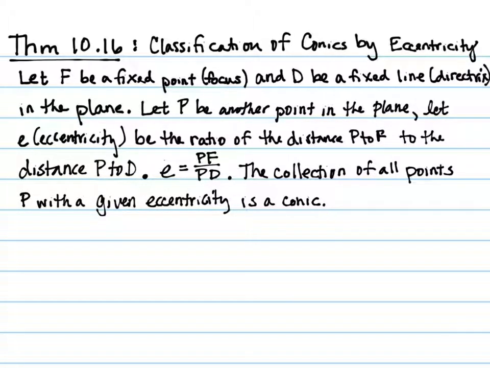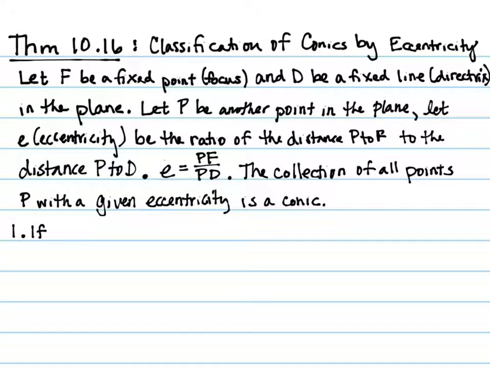So you take this ratio and you're going to get a number, right? These are numbers on top, numbers on bottom. It gives you a number. And whatever that number is, any other points that have the same ratio of distance to the directrix and distance to the focus all lie on the same conic. Remember, our conics are either parabolas, hyperbolas, or ellipses. And here's how you know which one it is.